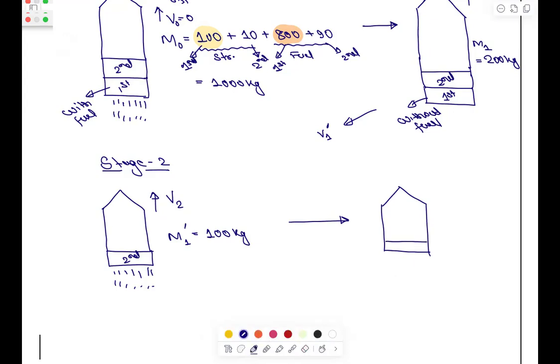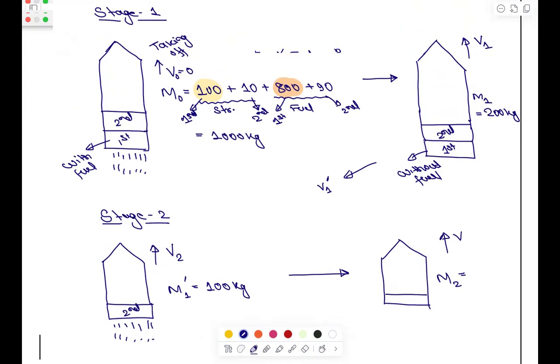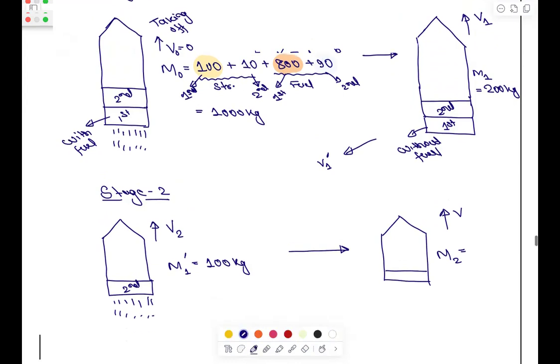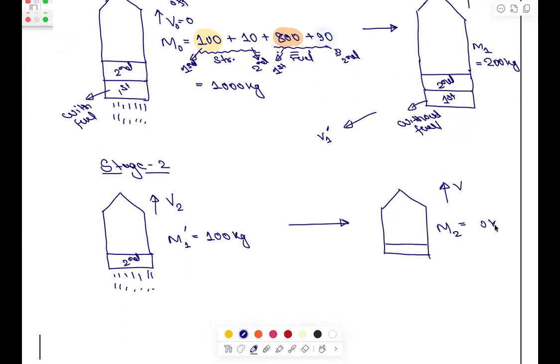And let's call this as V. So what will be the mass here now? M2, let's say. So at this position, we have exhausted the last fuel. So the structure weight is 10 kg.